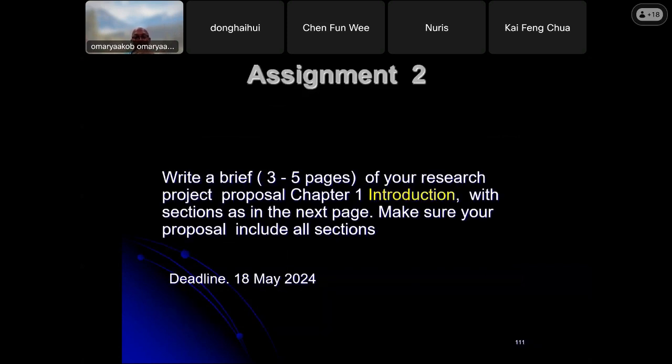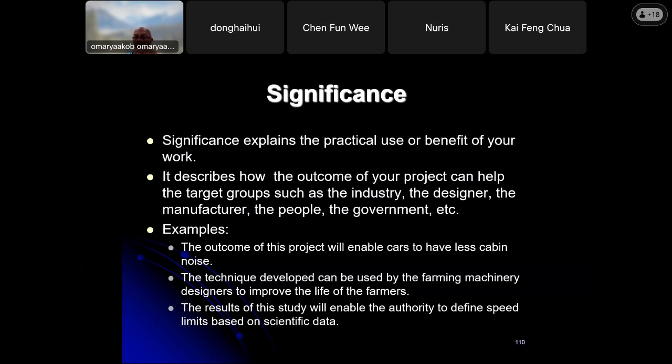Sorry, Doctor, about significance, is it similar to impact of study? Because some of the theses I read use impact of study. So that's why I say the outcome of the project can have an impact on the target group. But sometimes you do not have a direct impact. That's why we cannot write impact. Exactly.